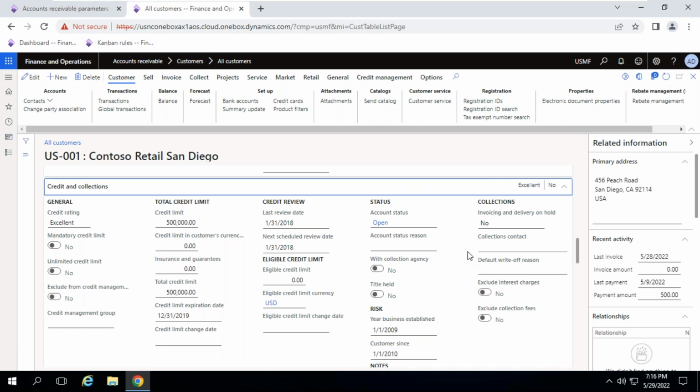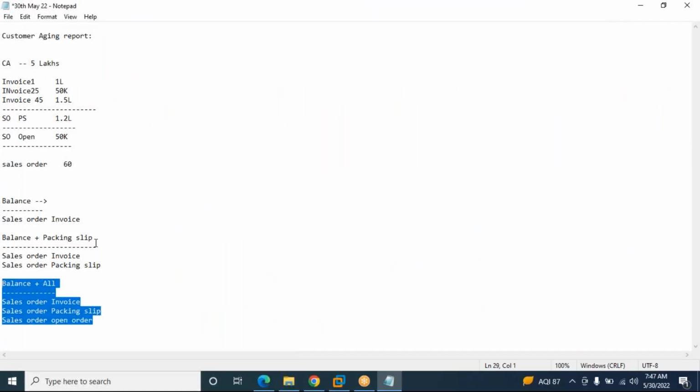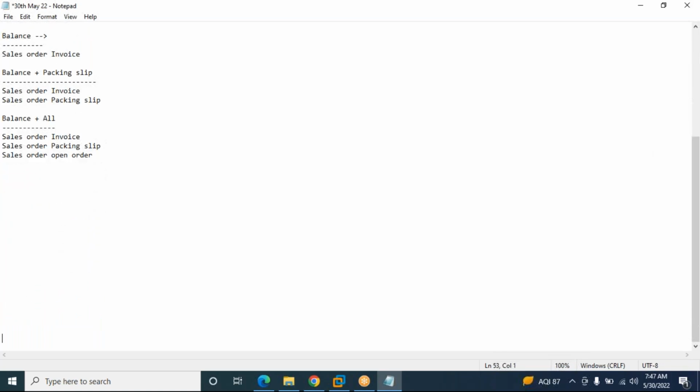Earlier it was only 8 fields. Now it is too much. So in my personal opinion, whatever I have enabled, the new credit management, this is called blocking rules.